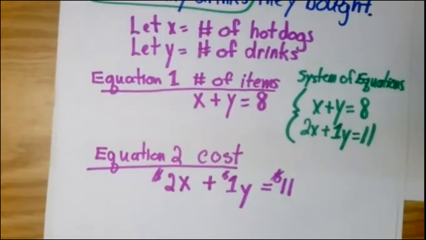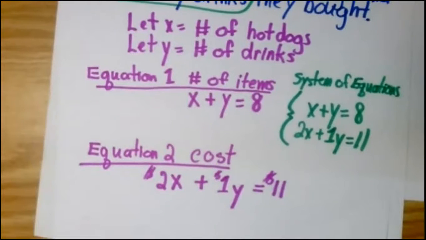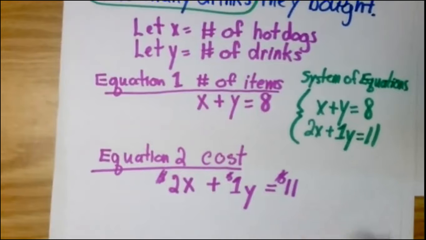Okay, now how are we going to solve that system of equations? Well, we're going to want to find the point of intersection so that we can solve our word problem. So now we're going to graph, because I haven't taught you any other ways at this point mathematically how to find that point of intersection. So we are going to graph these now.